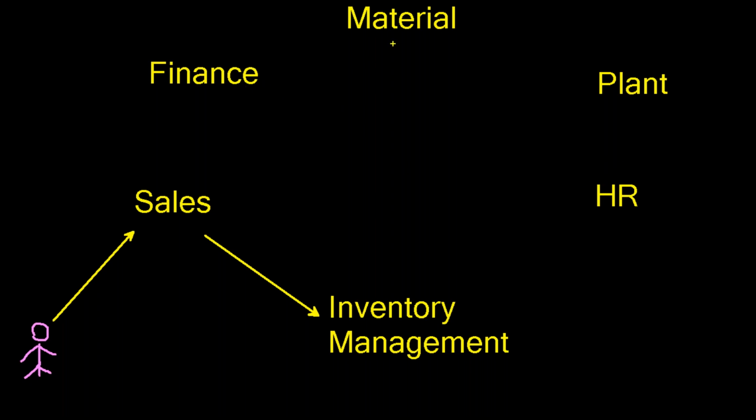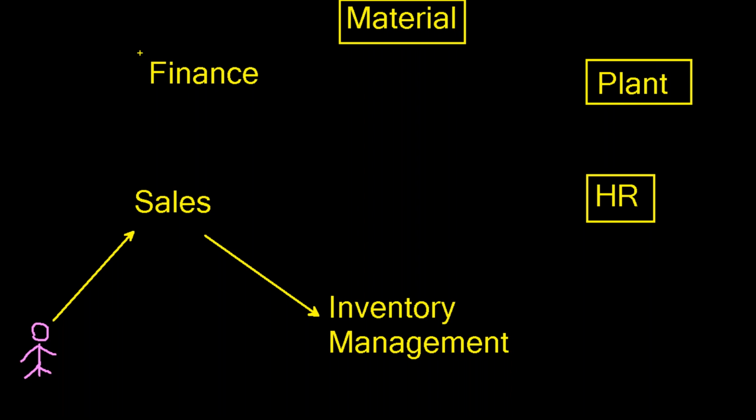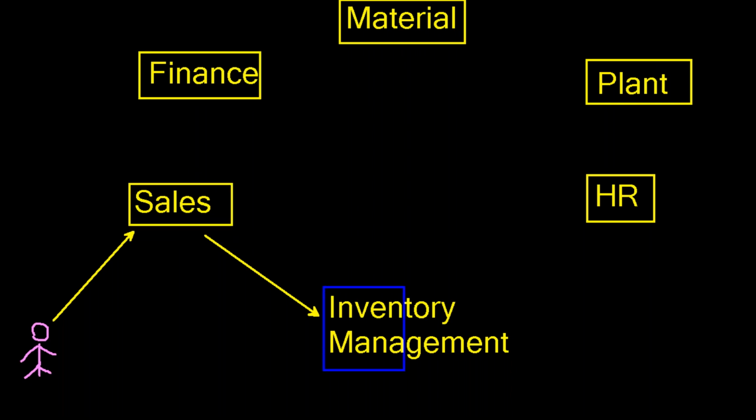The raw material department purchases the raw material from the vendor, and the plant, the production department, starts the production. Finally, the car manufacturing is completed. So in this case, if I want to purchase a car, all these departments should be involved.